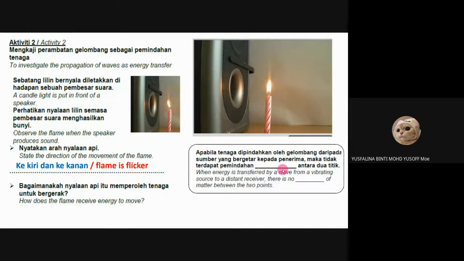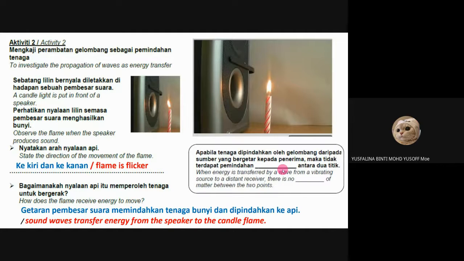So how does the flame receive energy to move? This is by the vibration of the speaker, which transfers the energy of sound to the flame. The sound transfers energy from the speaker to the candle flame, so the air molecules will vibrate.